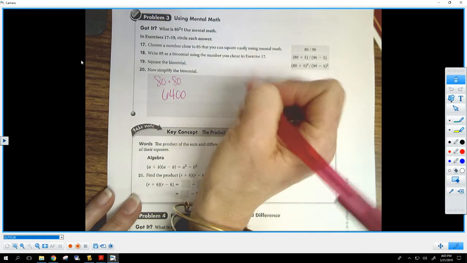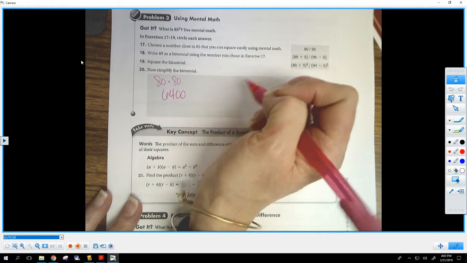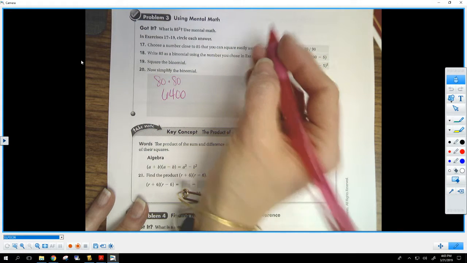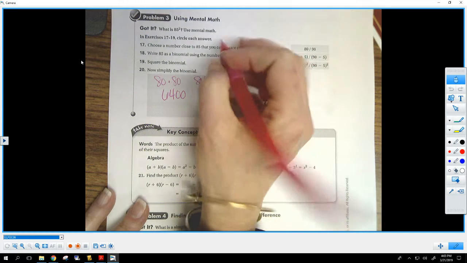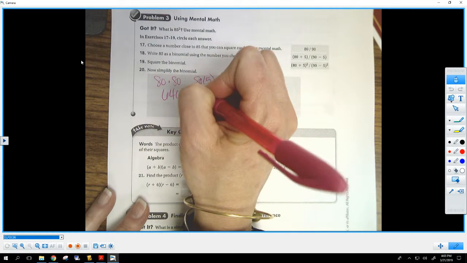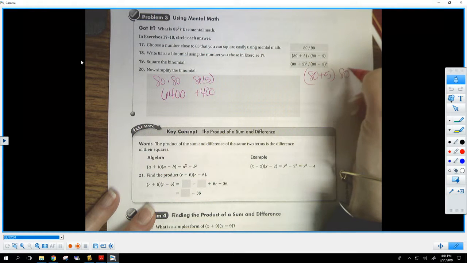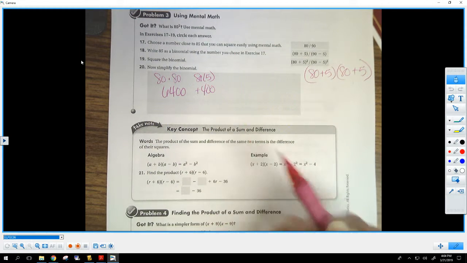I think I just added them earlier. So that'd be 6,400. Then you would have to do 80 times 5. So then that would be adding 400. Again, we're better off if they asked us to do it. See how this is going to be much easier than using the formula that they're giving, okay?